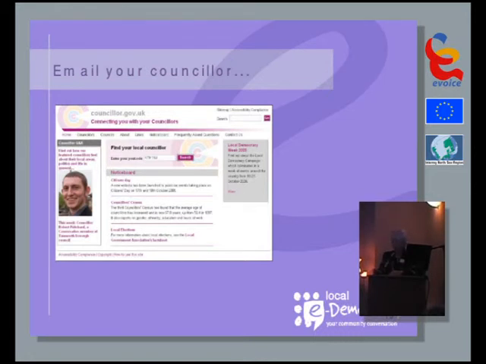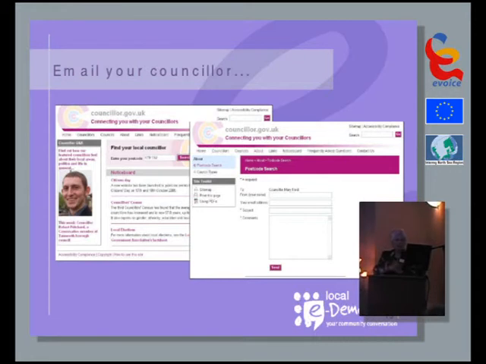Immediately there's an intermediate page which lists who your councillors are, and then you can link through to the one you want to send a message to. Simple. I actually linked through to my own, of course. I found that Councillor Mary Reid was my local councillor, so I could have sent myself a message.